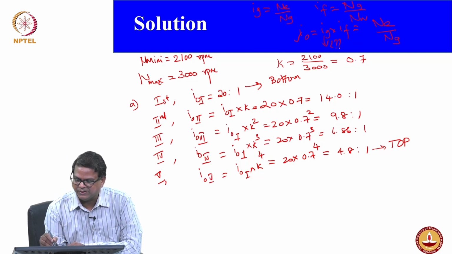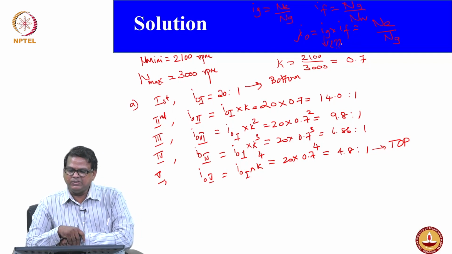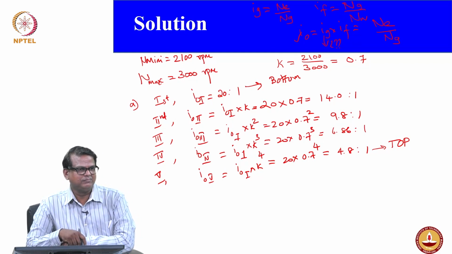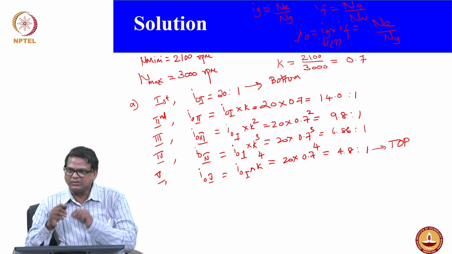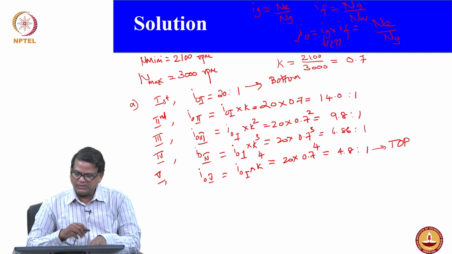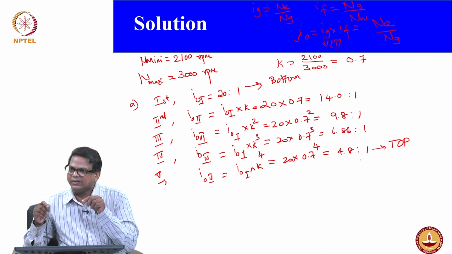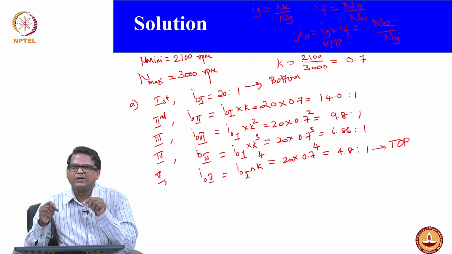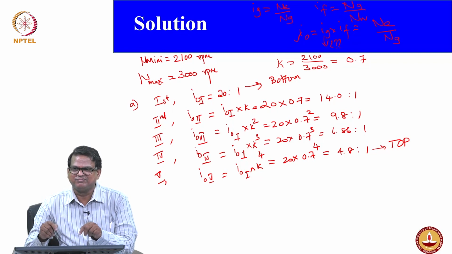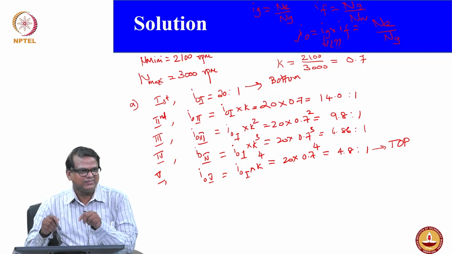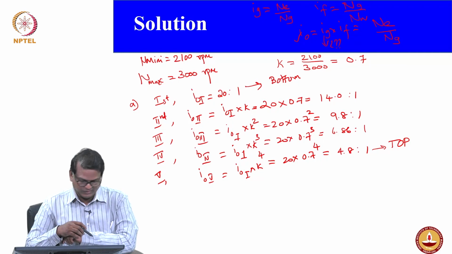But do we know the If? The clue is given: at top speed, it is 4.8:1, that would be your final drive ratio.